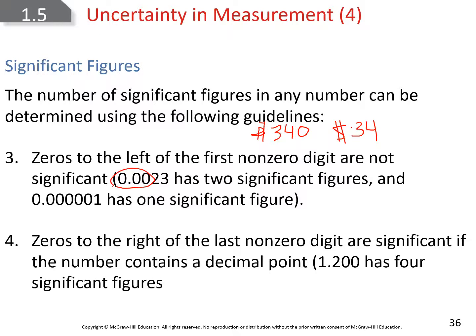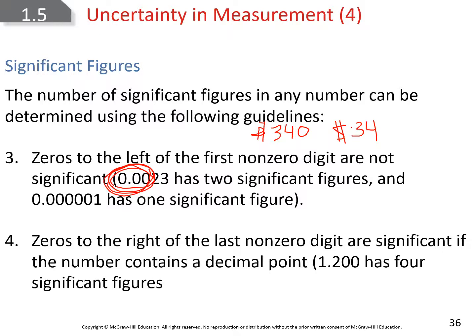Much in the same way, these zeros are simply placeholders. They are just there to give the 2 and the 3 their values of 1,000s and 10,000s. Zeros to the right of the last non-zero are significant if and only if there is a decimal point.